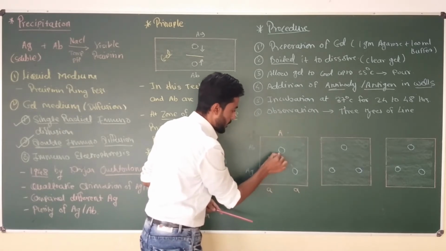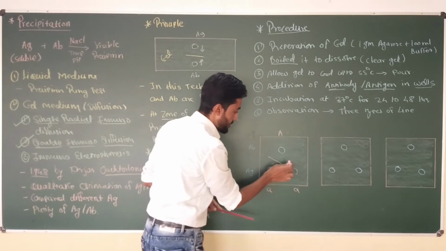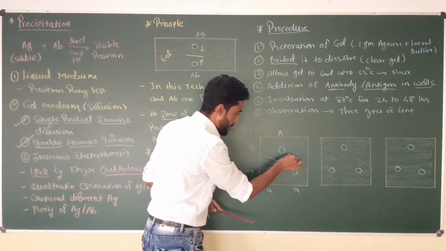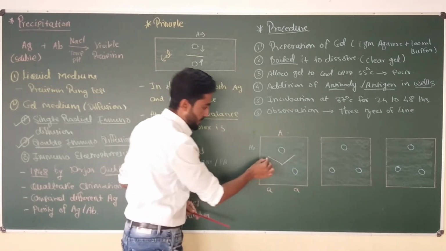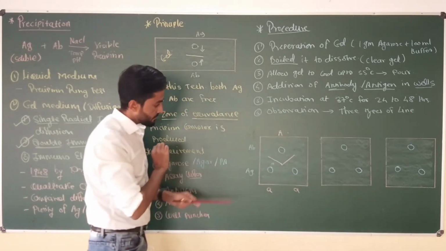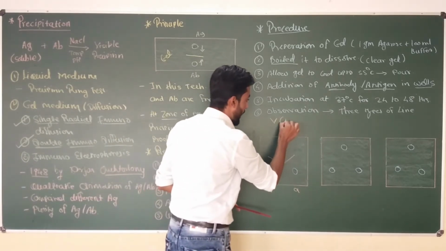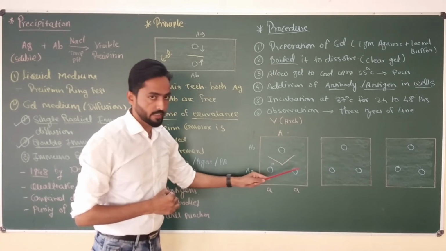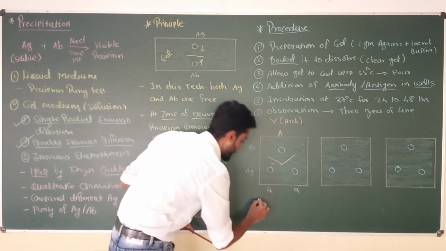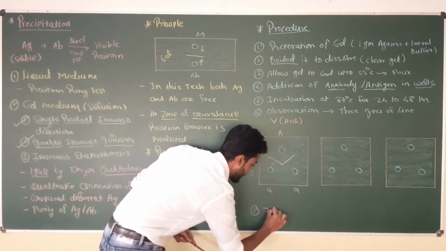This is the line of precipitation formed between antibody A and antigen a. Similarly, the same line appears between the other antibody and antigen, so if we get a V-shaped or arc-shaped precipitation line between one antibody and two antigens, then we can say that these two antigens are identical.